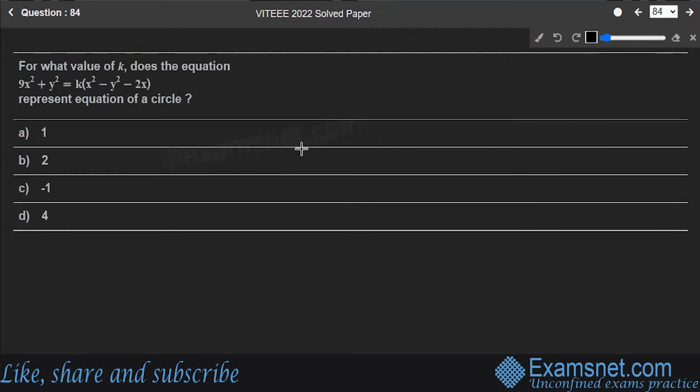Hope you understood this. Next is question number 84. For what value of k does this equation represent the equation of a circle? So this is the equation: 9x square plus y square is equal to kx square minus ky square minus 2kx. Let's open it up.